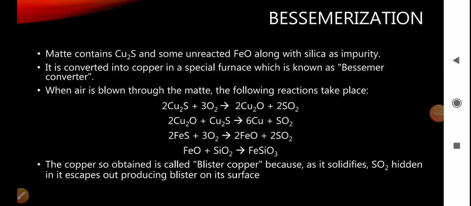So ultimately we introduce a material that contains the sulfide of copper, the oxide of iron and some silica into the furnace. It is converted into copper in a special furnace known as the Bessemer converter, or Bessemer furnace.